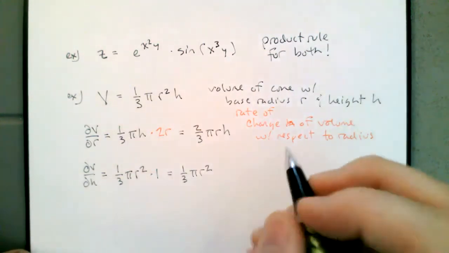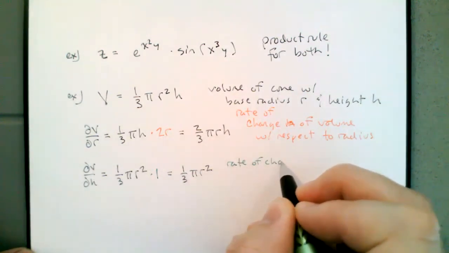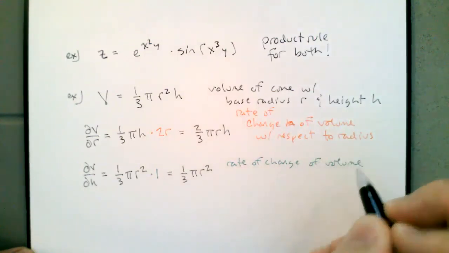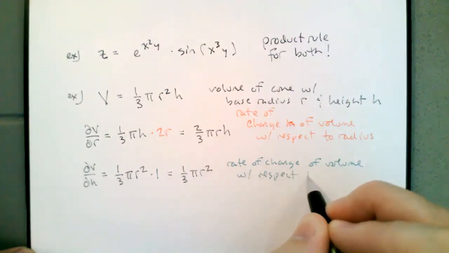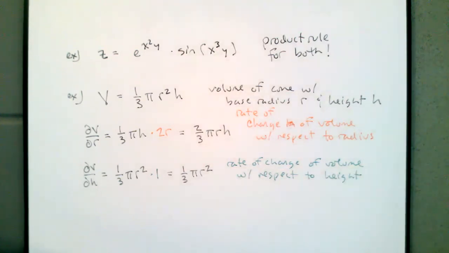And this would be the rate of change of the volume with respect to the height. So if the height increases by 1, the volume will increase by 1/3 pi r squared.